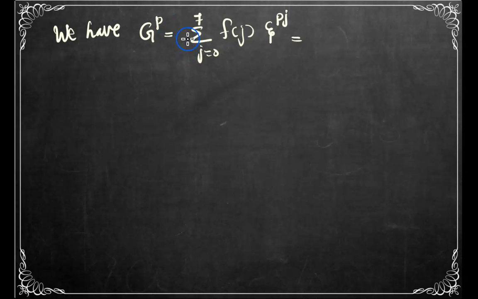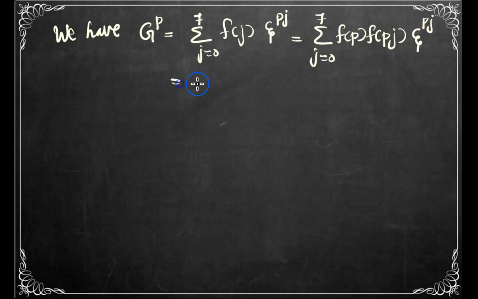We have already obtained that g raised to p is equal to summation over j varying from 0 to 7 f of j into theta raised to pj. Now we can replace f of j by f of p into f of pj, so that we can write summation over j varying from 0 to 7 f of p into f of pj into theta raised to pj, which is equal to f of p.